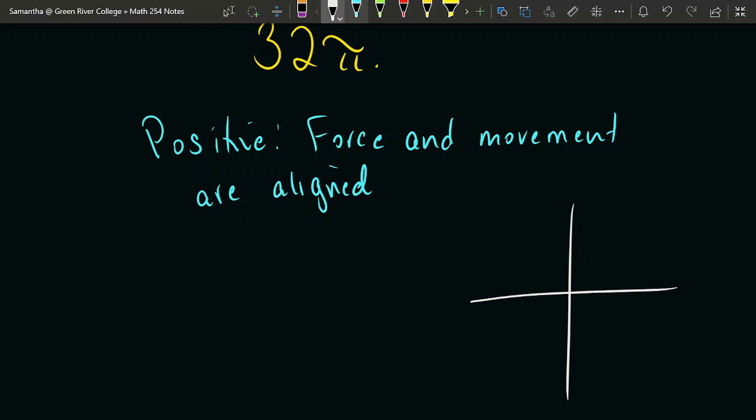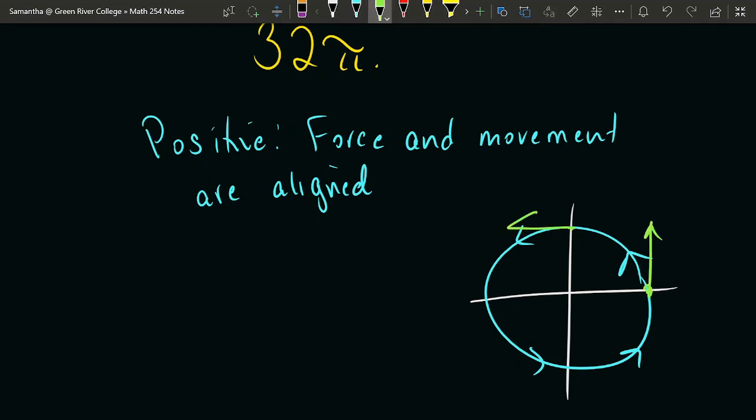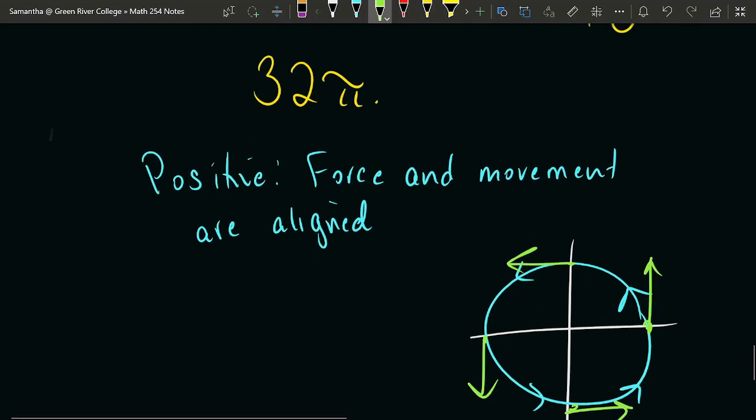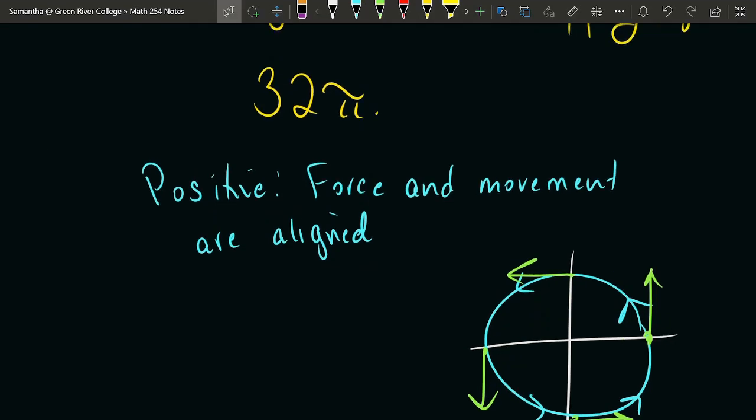If I am traveling along this circle in the counterclockwise direction, and if I look at the forces that are acting on this object at each particular location, then I can see that the forces and the object's movement are very well lined up. They are both in the counterclockwise direction. And therefore, it makes sense that we got this rather large positive work done.